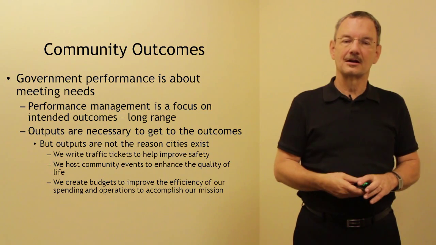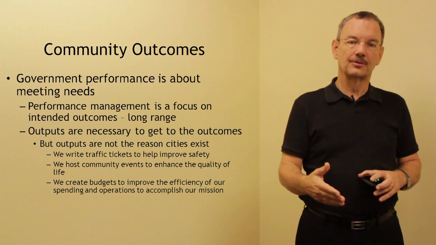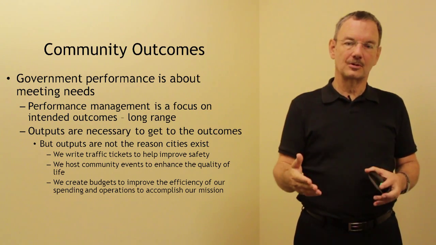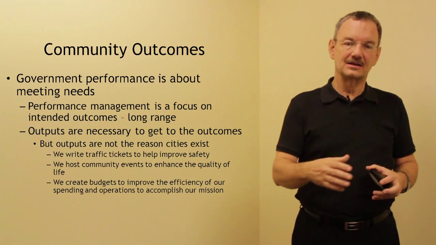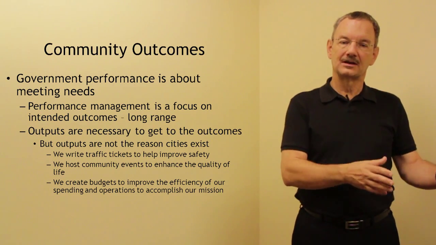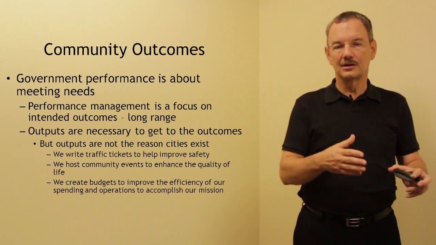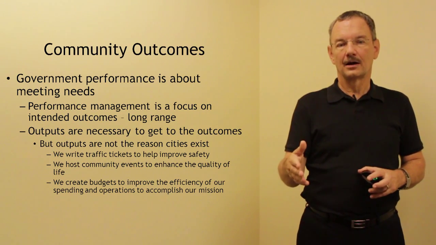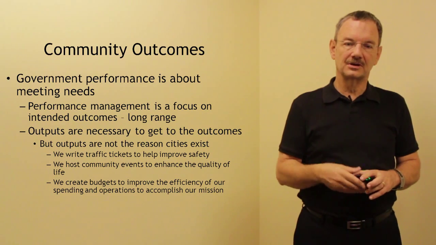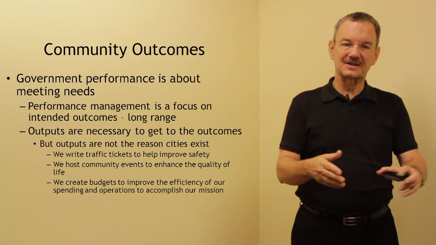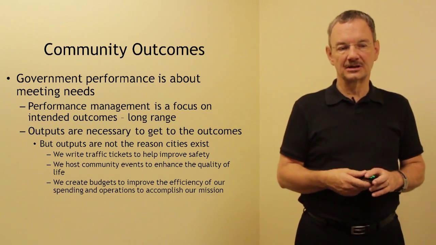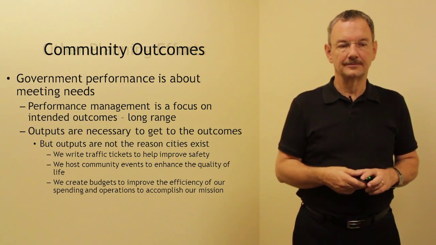And this is what we're talking about when we need to think our way through what's commonly called a logic model. How do we connect these activities to what it is we're trying to achieve, and how do we then use that to think our way through the amount of resource we want to devote to these different activities so that we emphasize the right things and end up accomplishing the right results in our community.